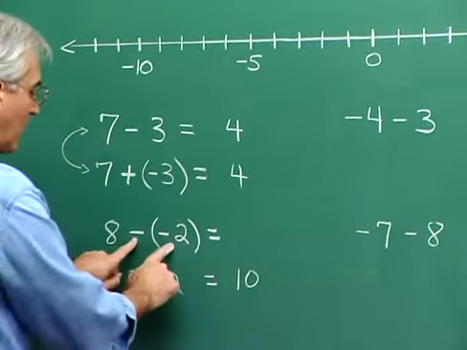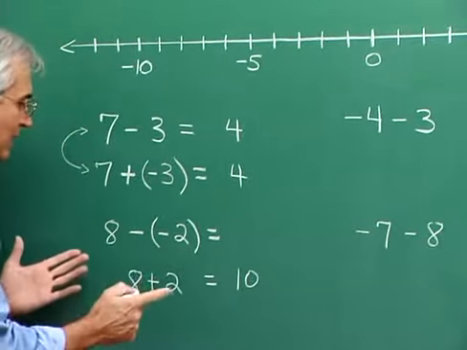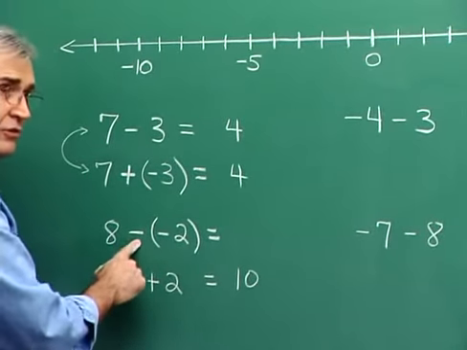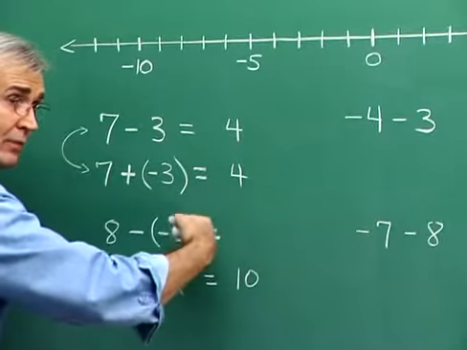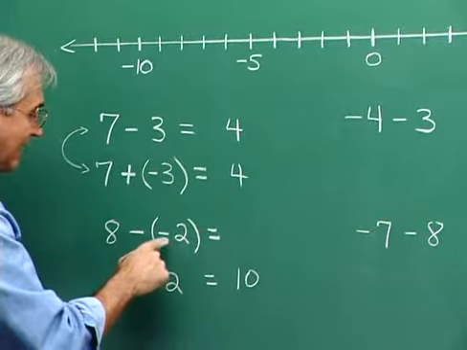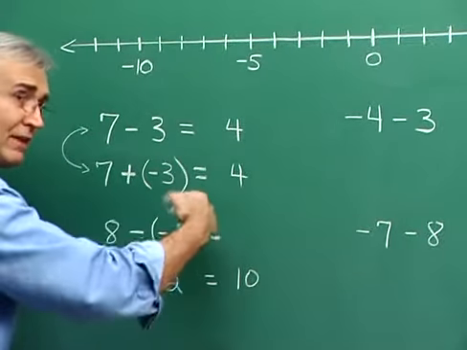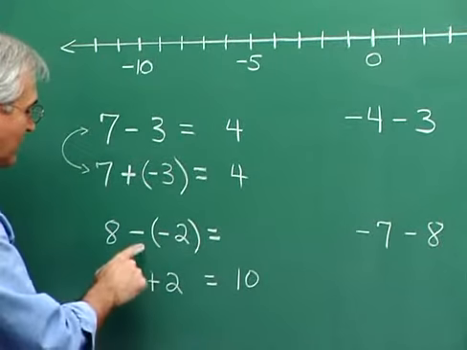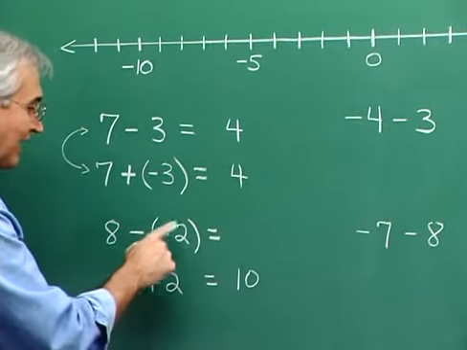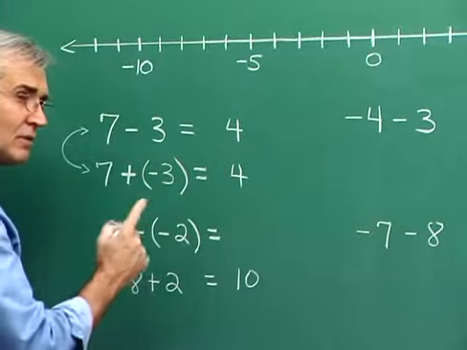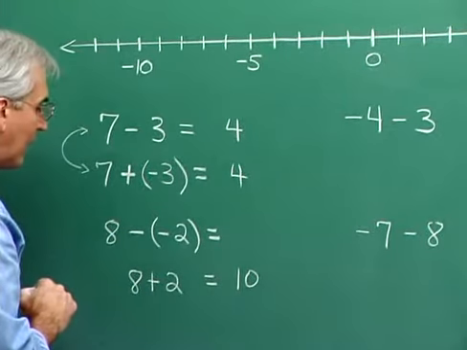Now, showing this on the number line is a little bit challenging because minus, subtracting, seems to imply that we go this way. But negative also seems to imply that we go this way. So what does it mean when we subtract a negative? You see, we have to come to some kind of conclusion about that.